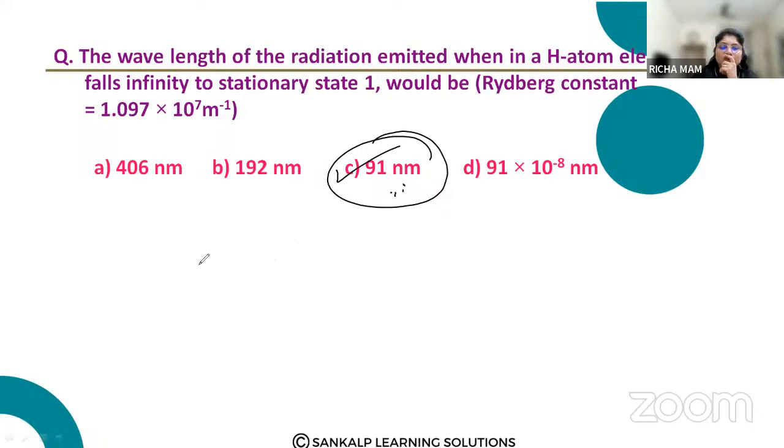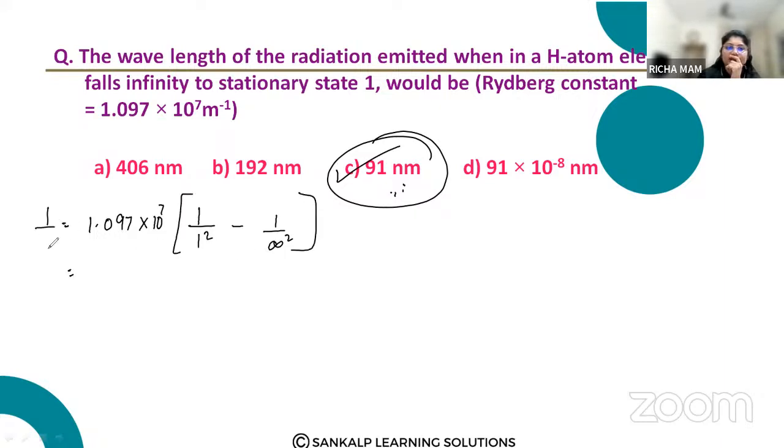Fine. So how have I got that here? 1 by 1 square minus 1 by infinity square, this into 1.097 into 10 raised to 7. So 1 by lambda. What I'm doing is, lambda is equal to 1 by 1.097 into 10 raised to 7 per meter, because we want to find the lambda here.